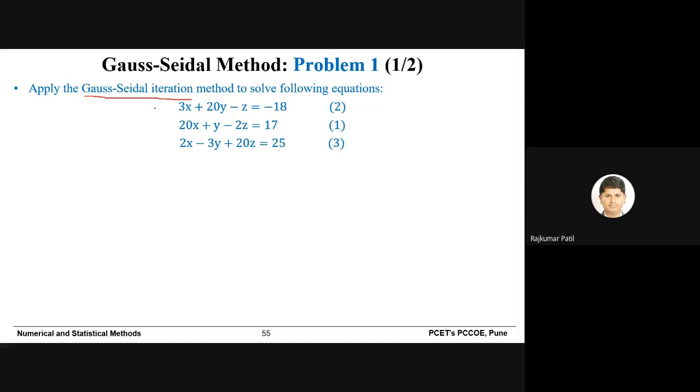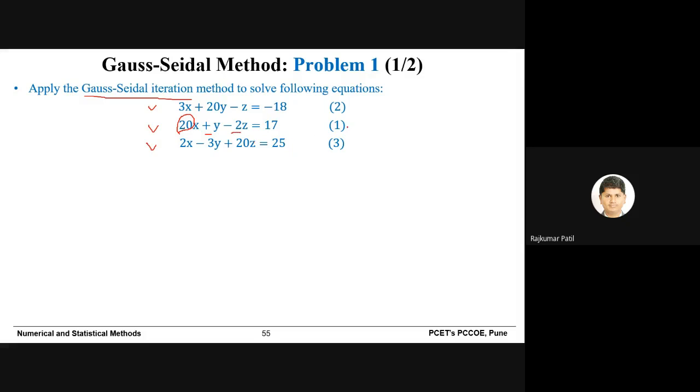Now we need to check these equations carefully, especially the coefficients. In previous slides we discussed that equation number 1 is the equation in which the coefficient of x should be higher than the coefficient of y and the coefficient of z.